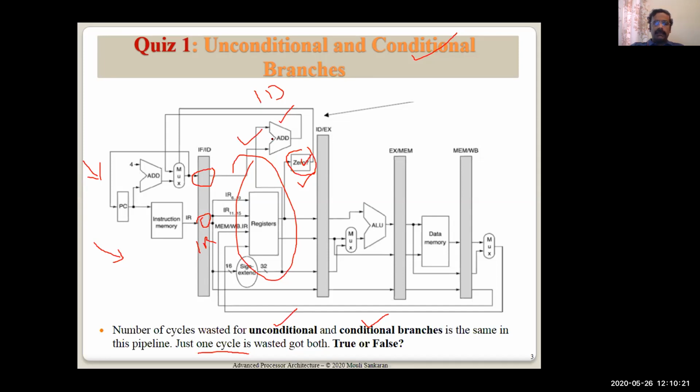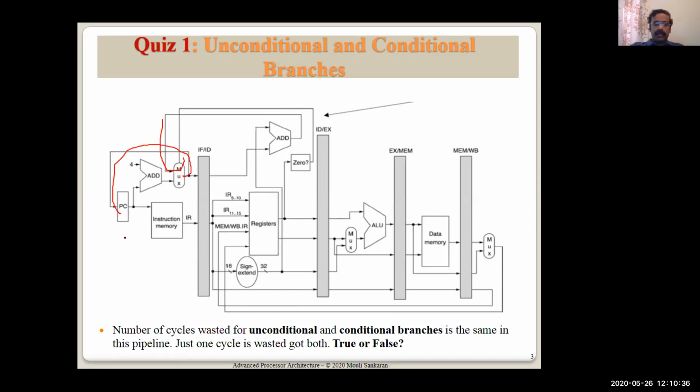So it will find the relative address where the PC should be loaded, and it gets PC plus 4 as an input. It will perform the addition and get a target address. The target address will be loaded through this mux into the PC. So the whole thing is like a combinational circuit, and it can happen within a single cycle.